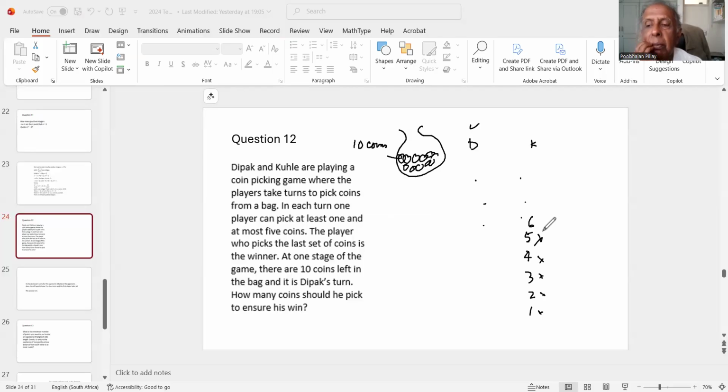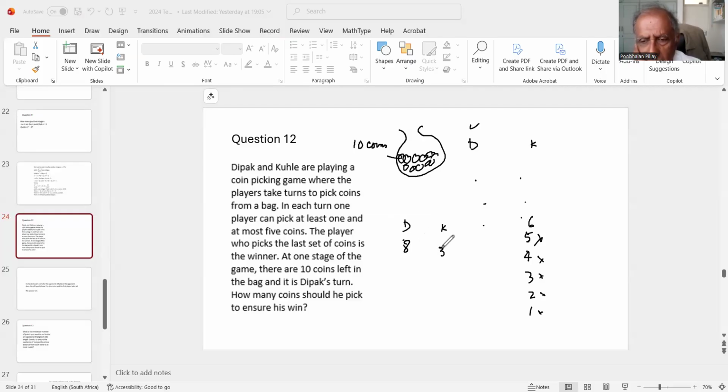You can't, because once you leave 6 or more, say he leaves him with 8, Kushler can't take more than 5. So he can take 5, but then Deepak wins because he'll take the whole lot.